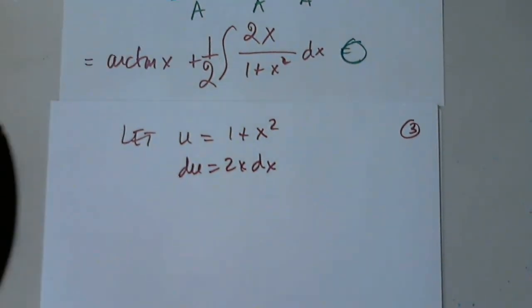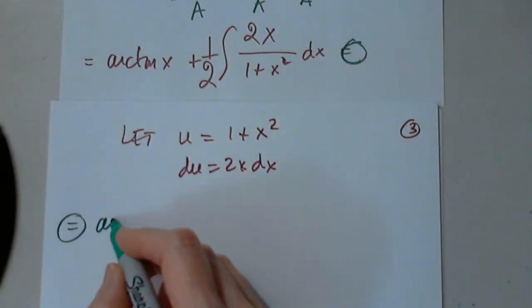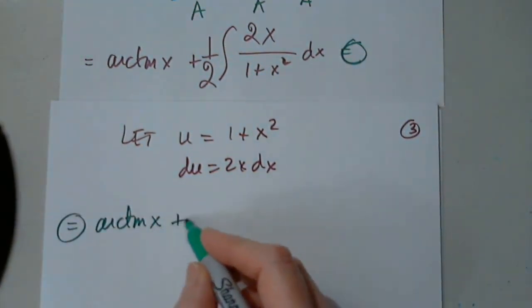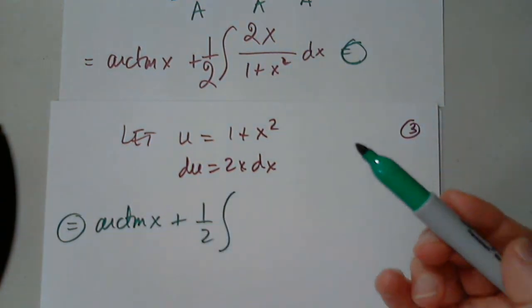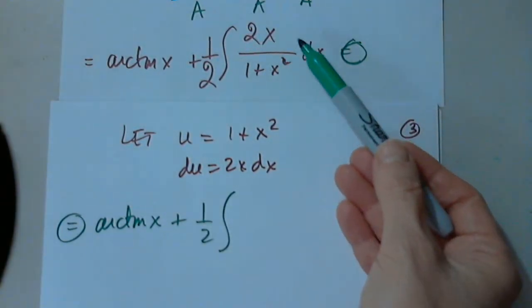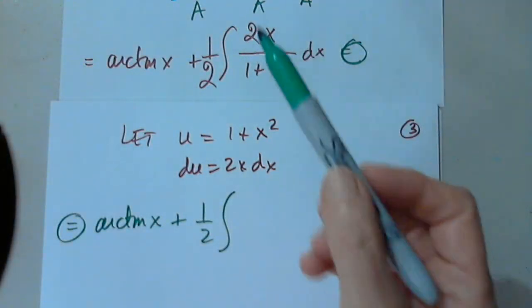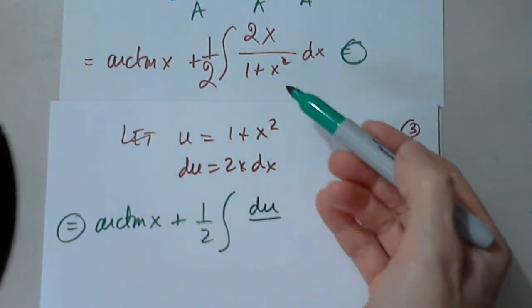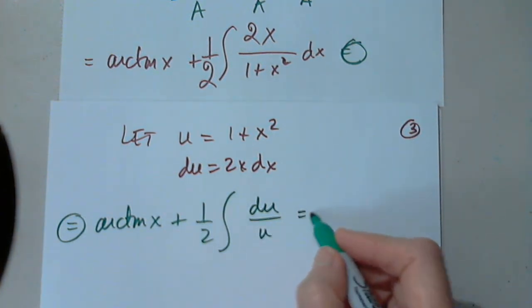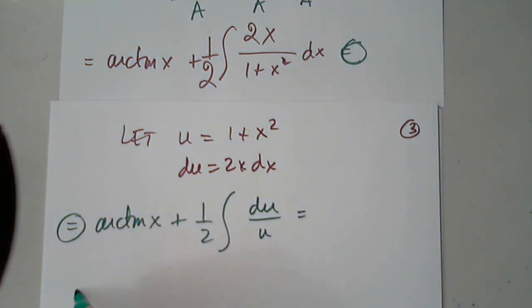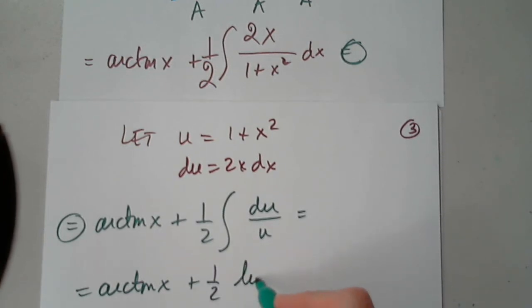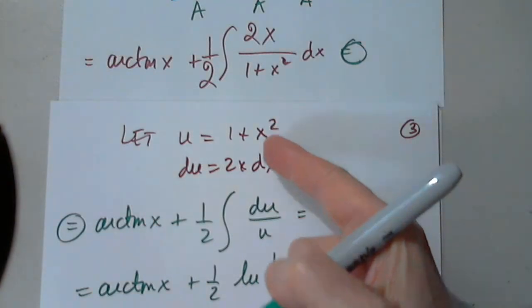So this will continue here as arctangent x plus 1/2 the integral of 2x dx, and all this right here is du over the denominator, which is u, which again is very simple. So this is arctangent x plus 1/2 natural log of the absolute value of u plus a constant c, and I have to go back.